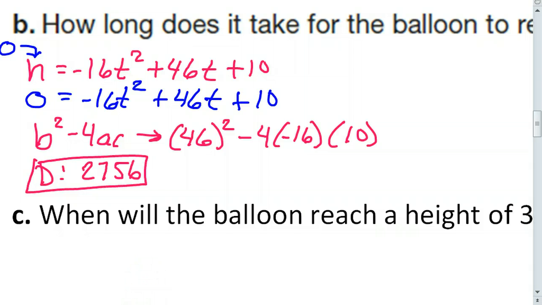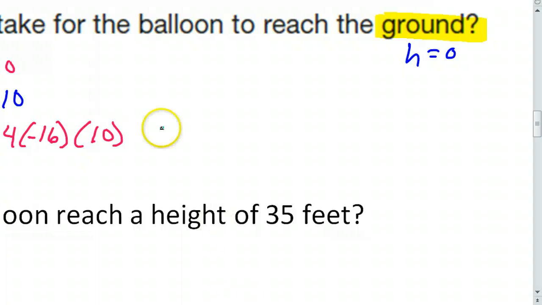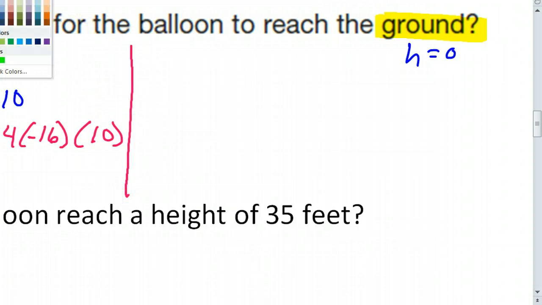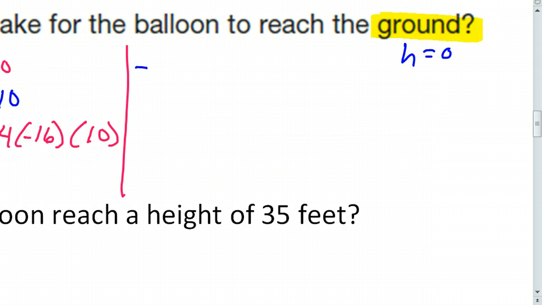So now let's go ahead with the rest of the quadratic formula. The rest of the quadratic formula goes, opposite of b. And remember, this finds us the x value, which in this case we're calling t instead.